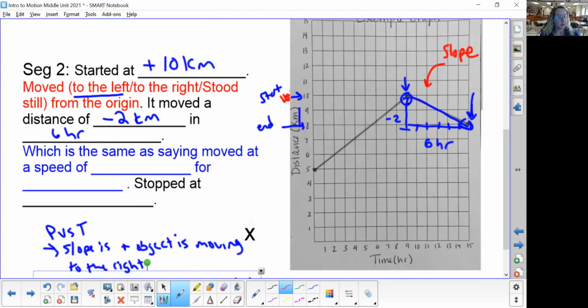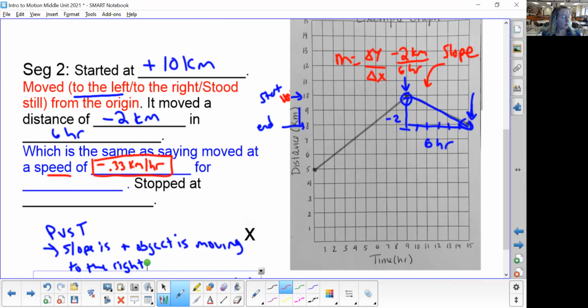Slope is the change in Y over the change in X. So it went down negative 2 kilometers in 6 hours, right? We're not going to do it as a fraction, so we're not going to do negative 1/3. Actually divide those, okay? And you will get negative 0.33 repeating. So it moved 1/3 of a kilometer per hour. So that's its speed. It's the slope of the line.